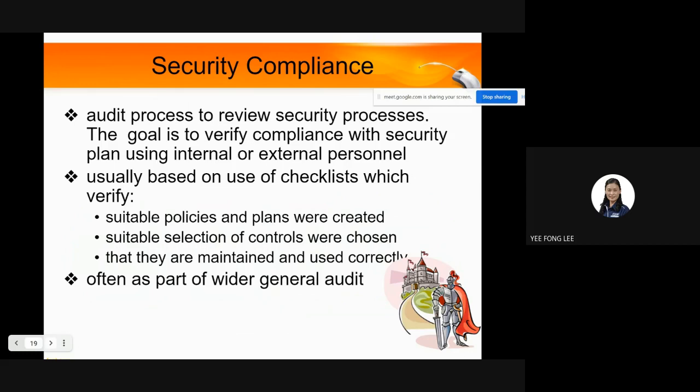The audit might be conducted using internal or external personnel, based on the use of checklists to make sure it suits the company policies and the plan they have created. So the suitable controls are chosen, the controls are maintained, and they are used correctly.